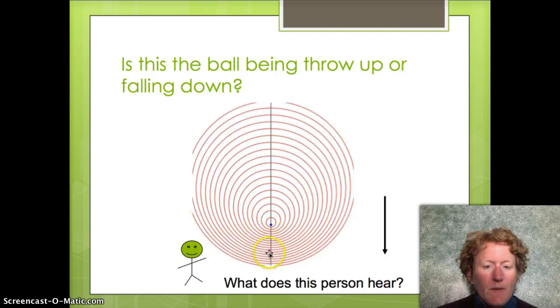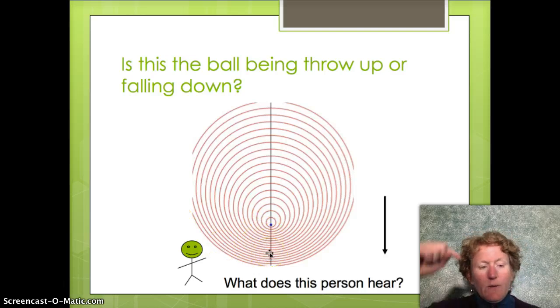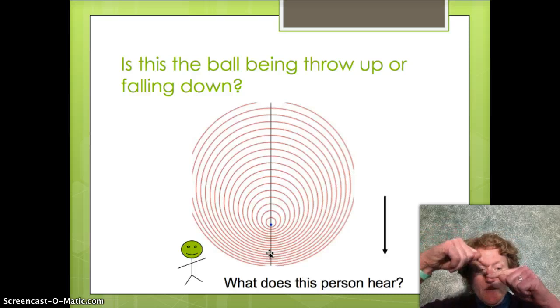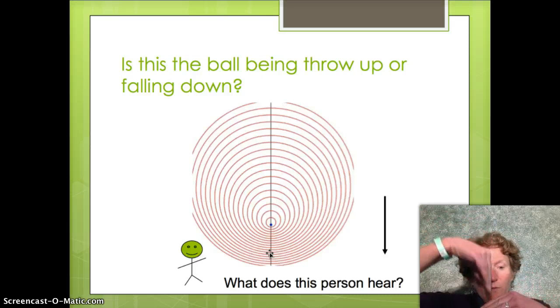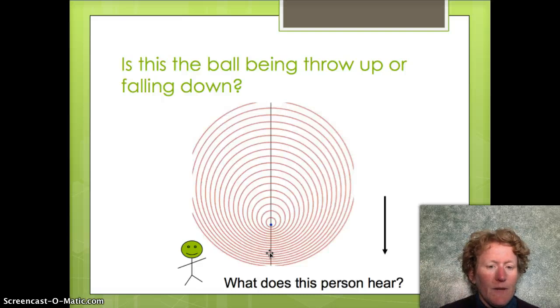Here, the ball is being thrown down because the sound waves are closer together at the bottom. They're being compressed as the ball moves towards the sound waves. This person hears a higher pitched sound and will until the source of the sound moves by them.